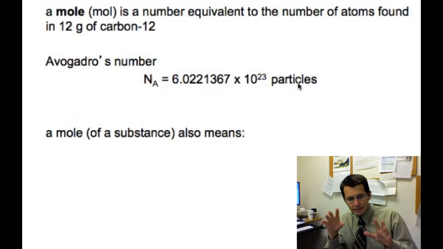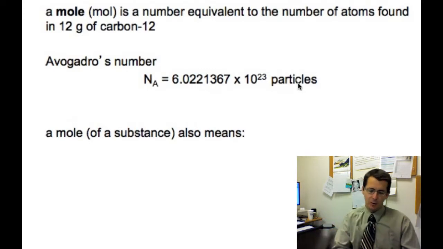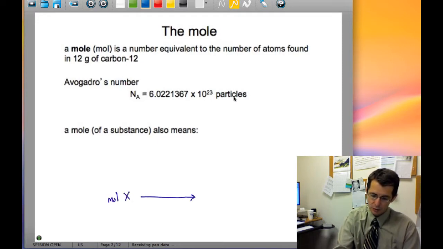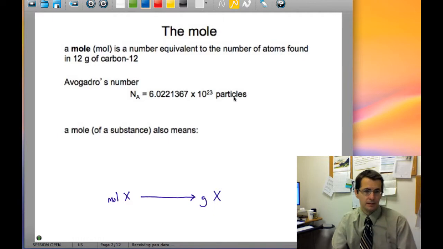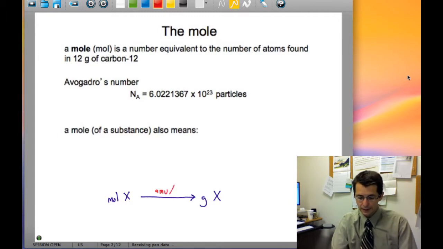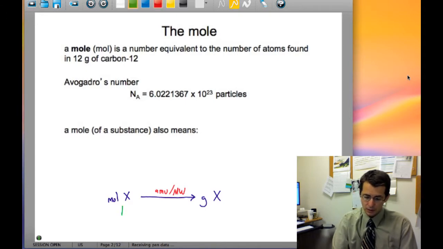So we now have two competing definitions for what the mole is. The mole of something can be related to grams of that compound via the molecular weight of that compound. But the mole is also related to a number of particles.